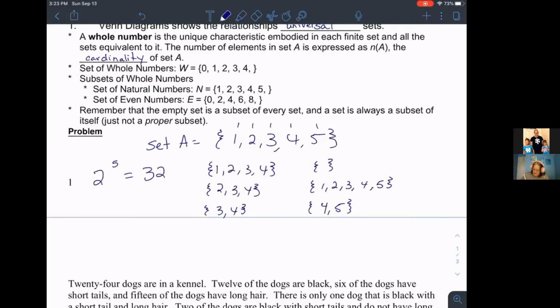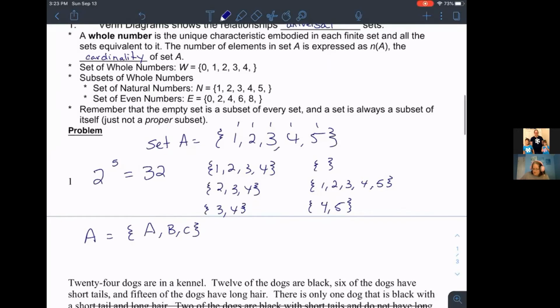Say we had a set that had 3 elements. It would be A, B, and C. So these will be a little easier to write out.